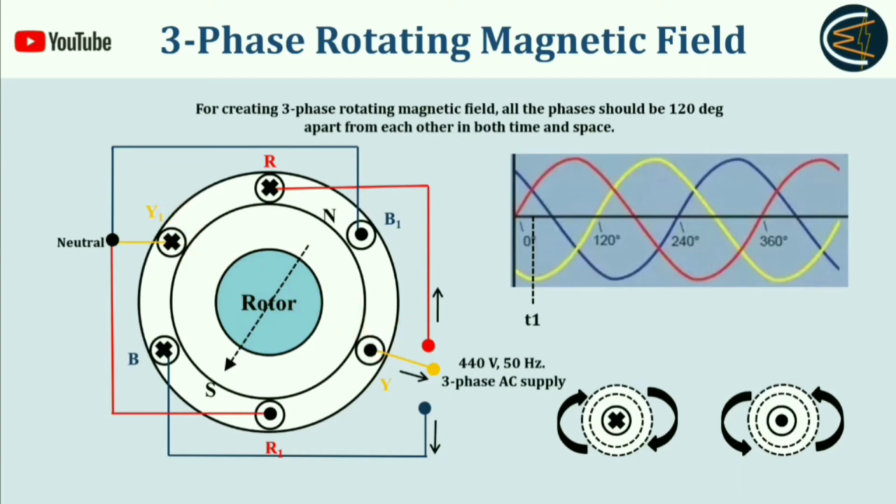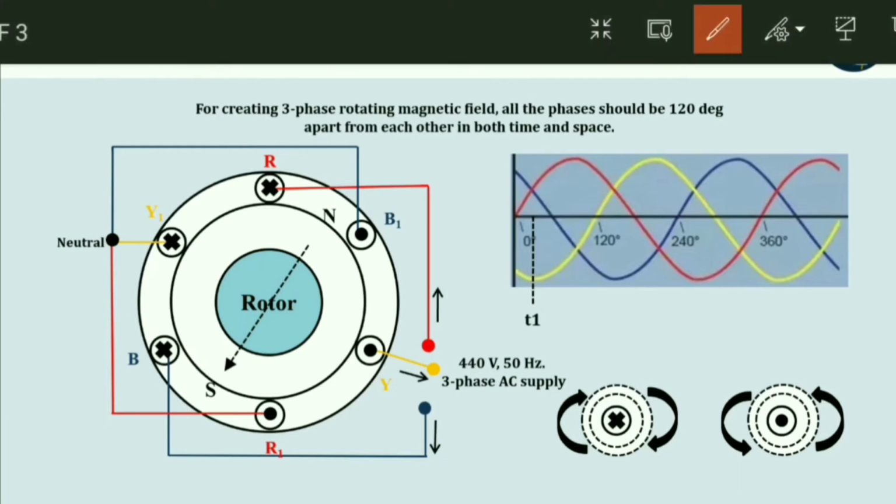Now, as I said, for a cross the magnetic field rotates in the clockwise direction. Here, these three are having cross connection. So in that case, what will be the direction of the magnetic field? It will be clockwise.